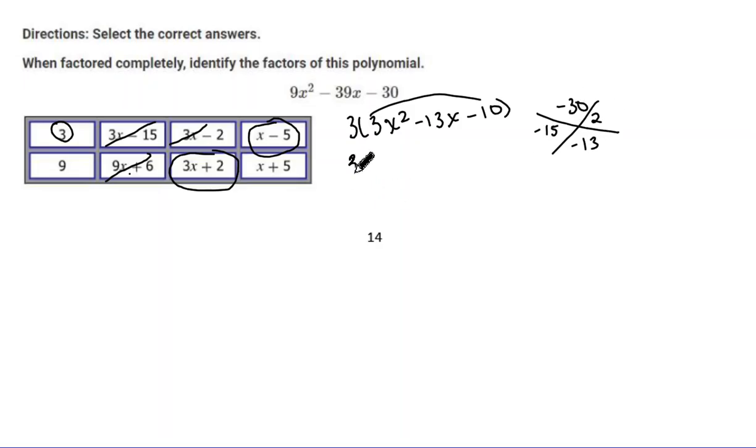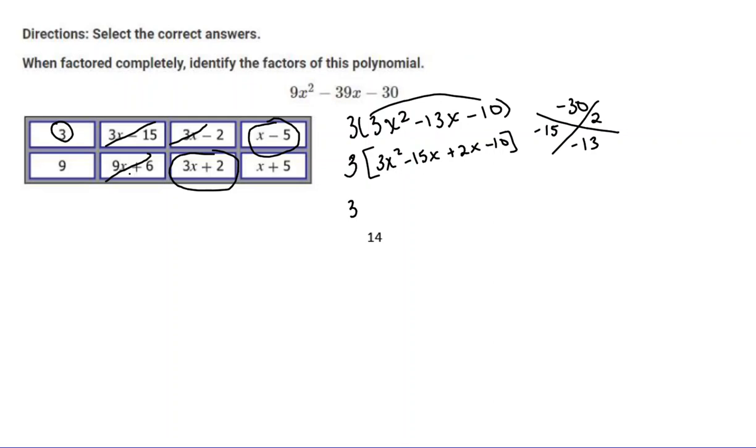Now this 3, the GCF that I took out, I'll have to still keep it there. And then I'm going to go ahead and now rewrite this out. So I have 3x squared minus 15x plus 2x minus 10. And then keep the 3 here.